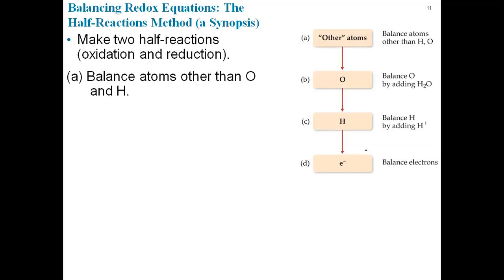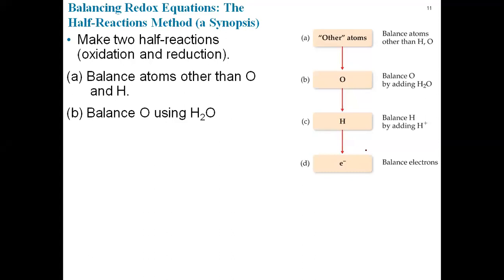Follow a similar approach. In each of these two half reactions, you first balance the atoms that are not O and H. Once that is balanced, you go to the second step, balancing O and H. Usually you first balance the O, but obviously you have to balance all the other atoms that are not O and H first.